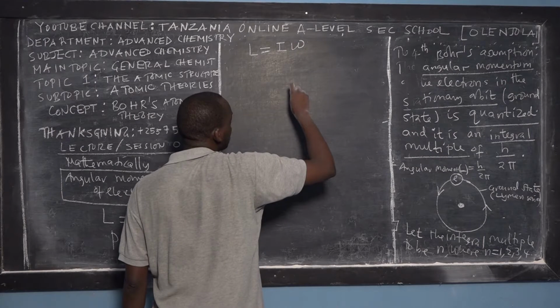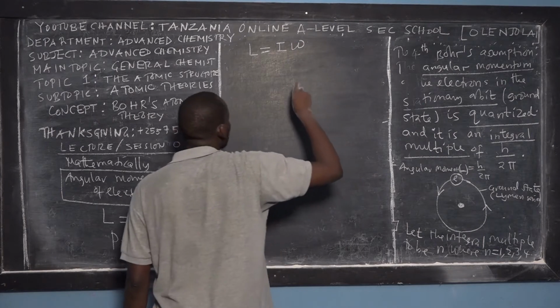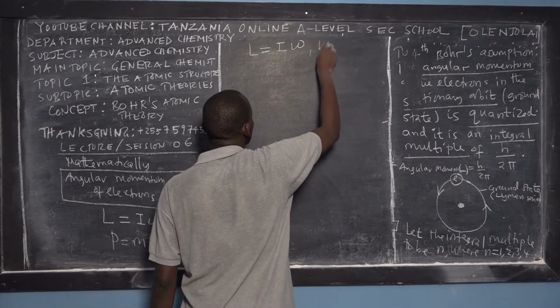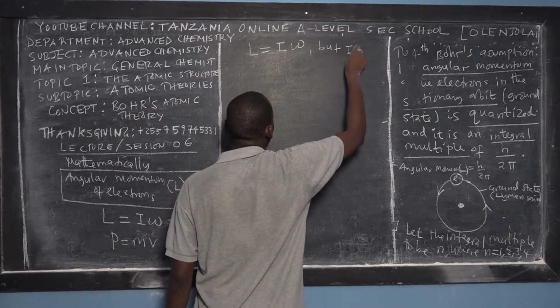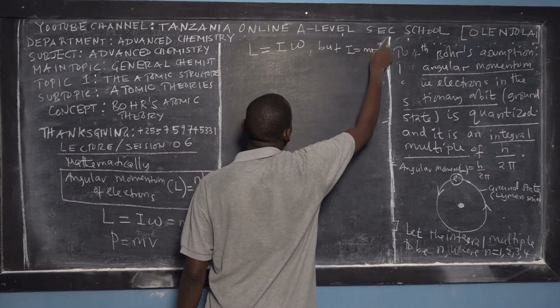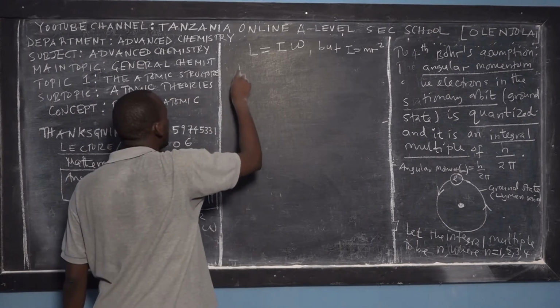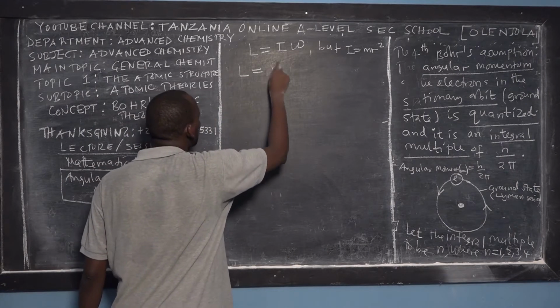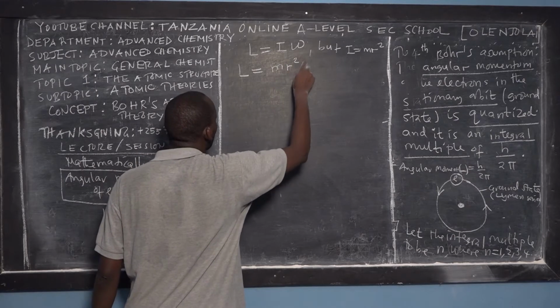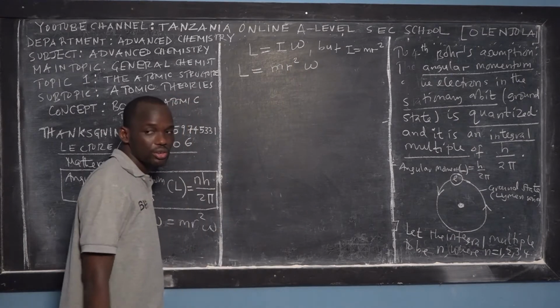Angular velocity. Right? Then we say that, but the formula for the moment of inertia from physics perspective is mass times radius squared. So we say that the angular momentum now is equal to mass times radius squared times what? Angular velocity.